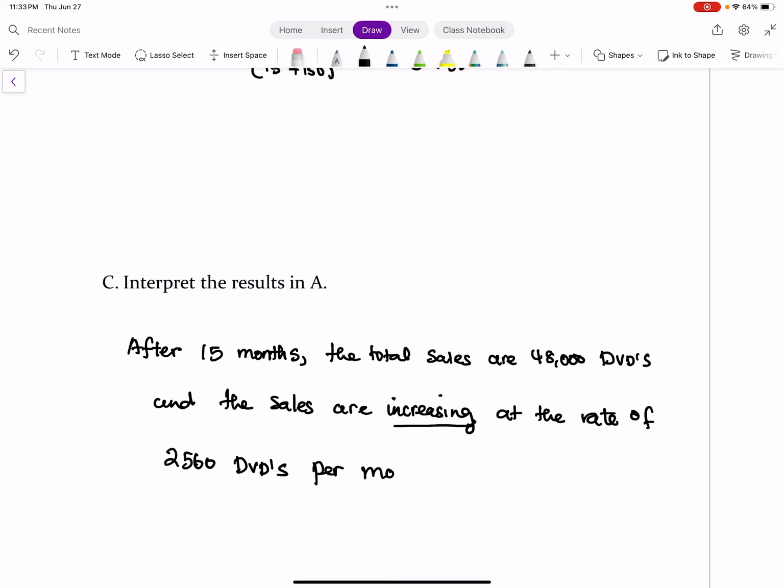That is, the derivative tells you change. So the rate of the sales, all the sales are increasing at the rate of 2,560 DVDs per month.